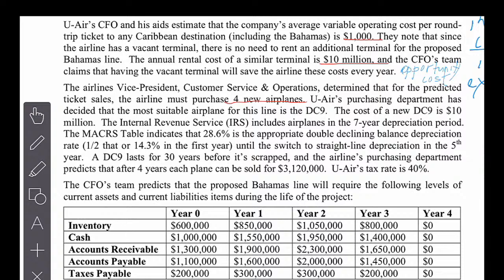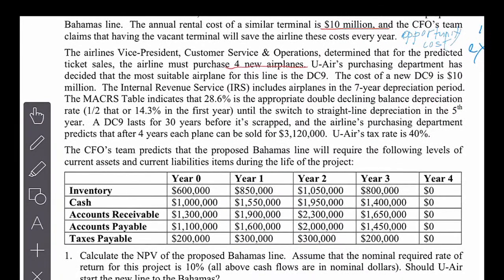And then at the end of this project, we're going to sell the planes. We're going to sell the planes for this amount, but we have to consider whether selling the planes for this amount after we've accounted for depreciation would look like a capital gain or not.